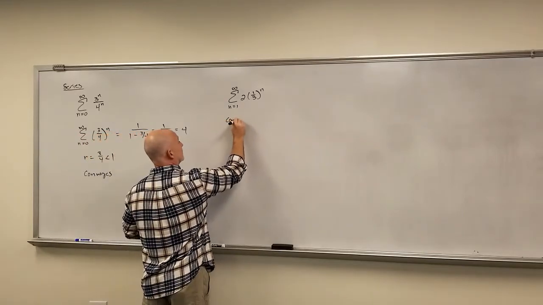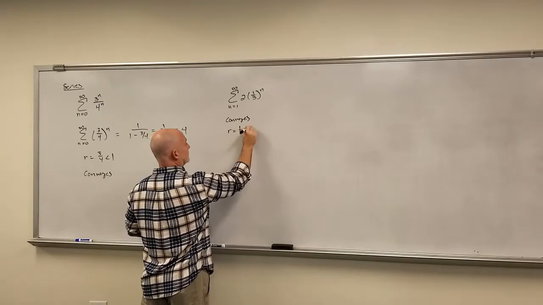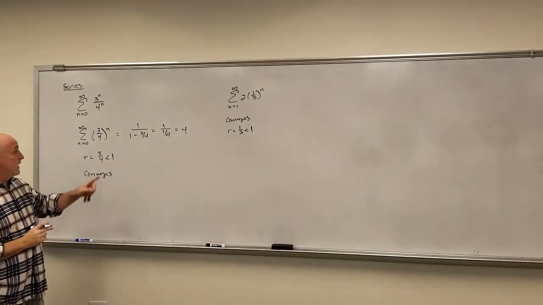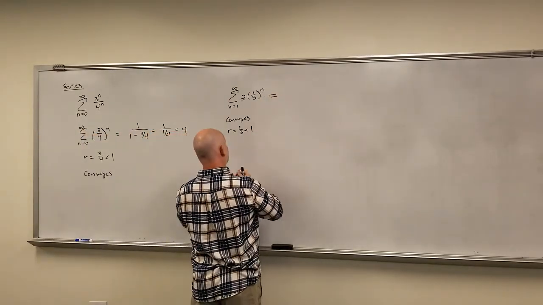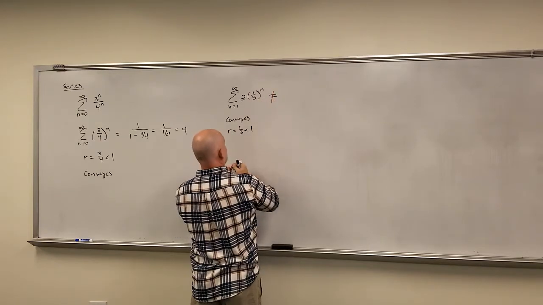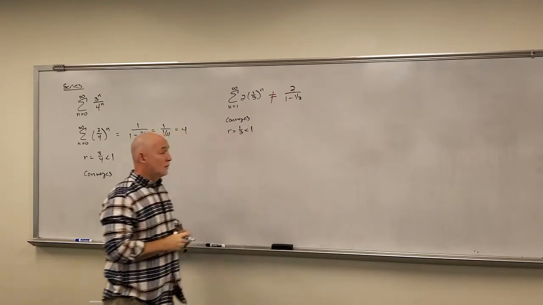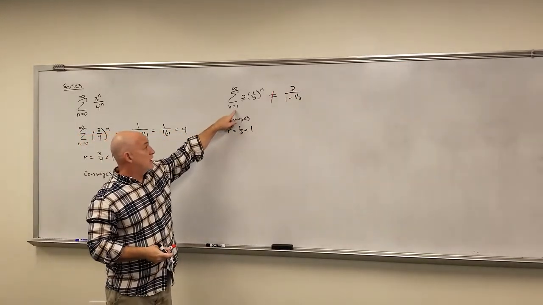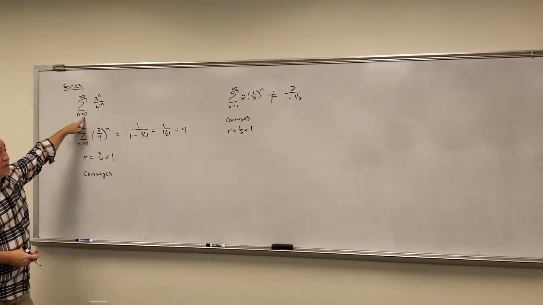This converges because our r is 1/3, which is less than 1. However, we cannot say that it's equal to, by the way, let me go ahead and put this up here, this is not equal to 2 over 1 minus 1/3. Well, you're saying, why not? Well, because this summation actually starts at 1. For this formula to work, it has to start at 0.